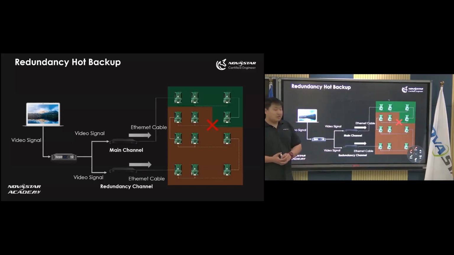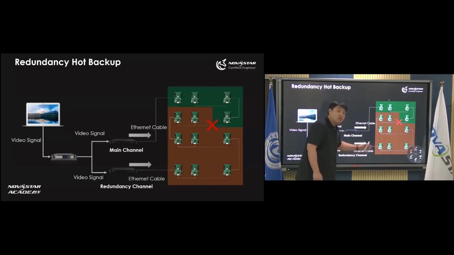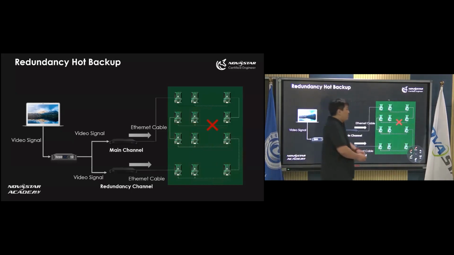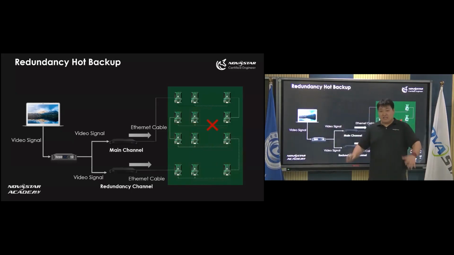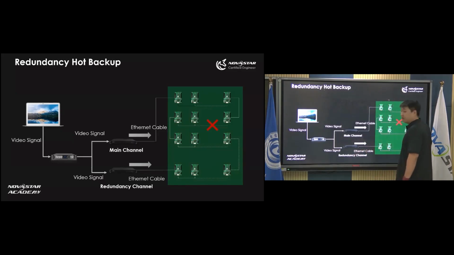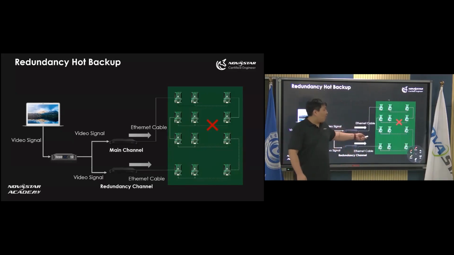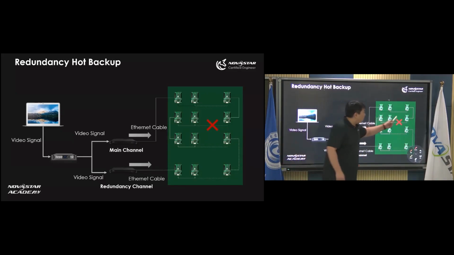And what we can do here is give a redundancy channel. Give another device to make the backup. Even if the cable here is disconnected, it still provides a good picture. By the way, this type is only for the Ethernet cable level.